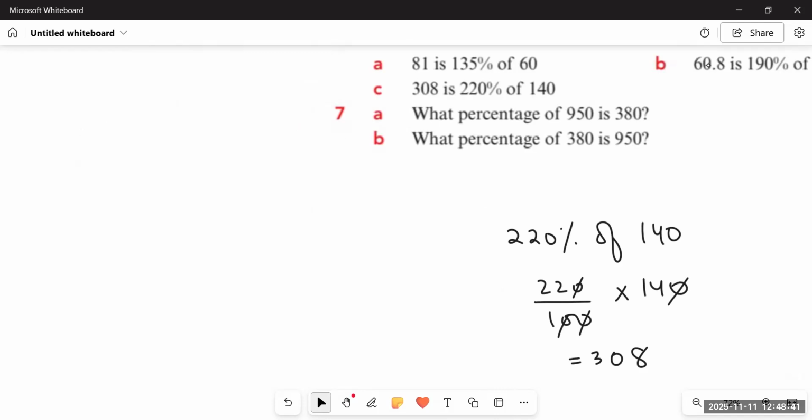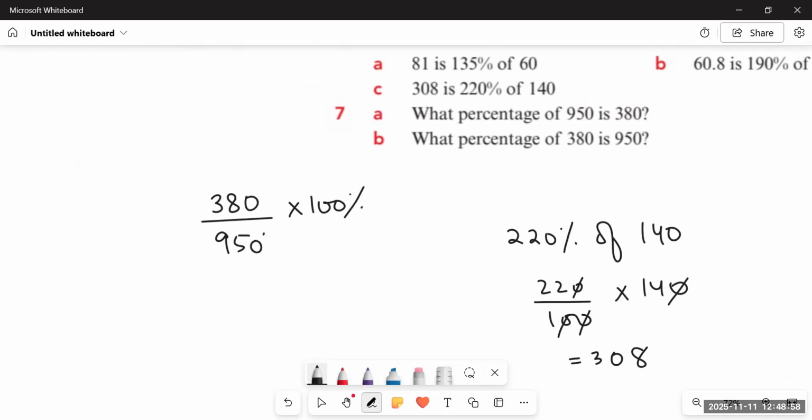So since it says what percentage of 950, it's 380 divided by 950 multiplied by 100%. The zeros cancel, then we multiply, and 2 into 20 is equal to 40%. When you find 40% of 950, you will get the same answer.